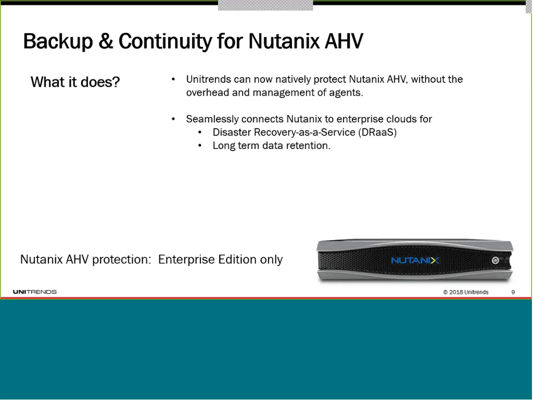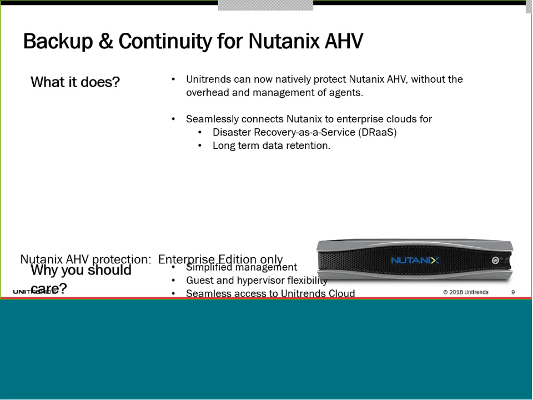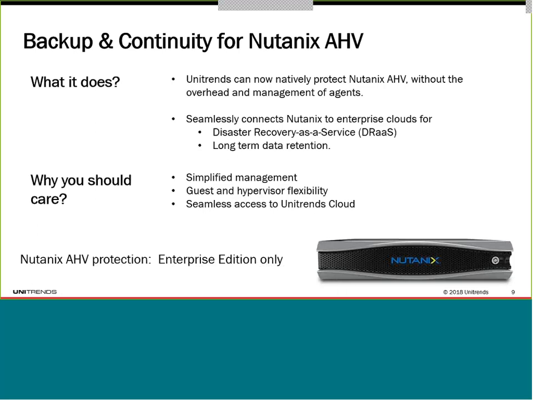We have literally over 100 petabytes of customer information that is currently protected inside a Unitrends cloud. And also long-term data retention, which is a good feature of the Unitrends cloud. And so why should you care? Unified management, guest and hypervisor flexibility, and seamless access to Unitrends cloud. So good news for Nutanix users, or if you're planning to become a Nutanix user in the future.